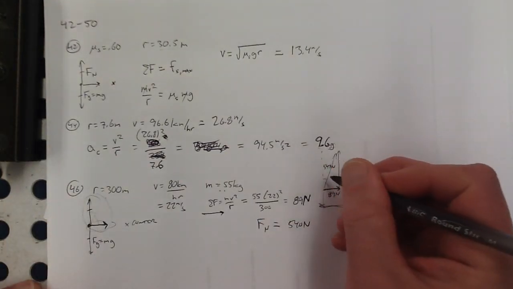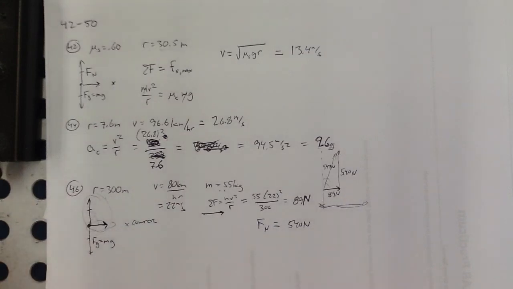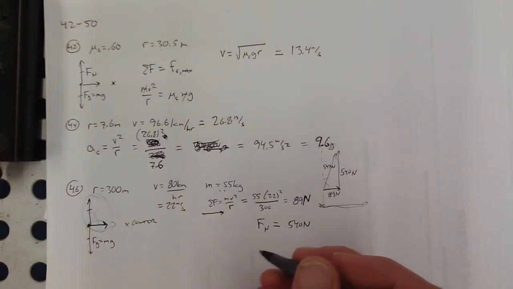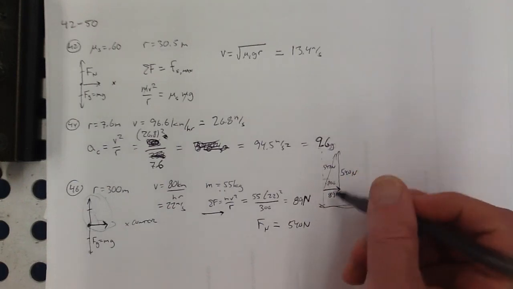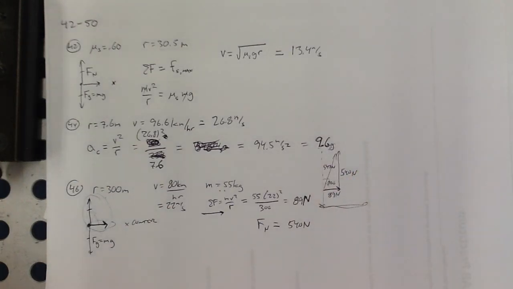And this angle, tangent inverse rise over run, is about 80.6 degrees. And of course, if you did tangent inverse run over rise, you could just do that too. Or 90 minus that gives you the same thing.